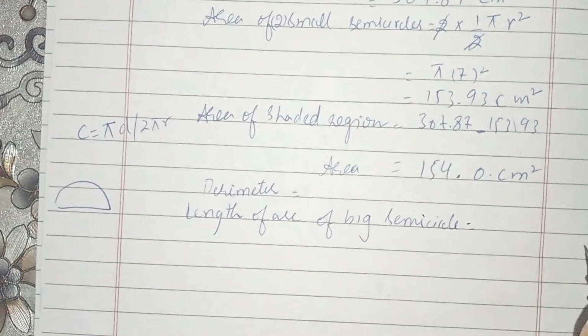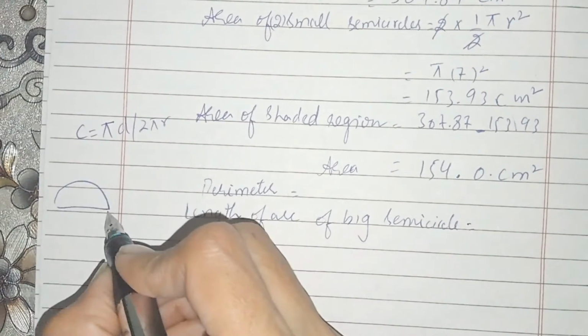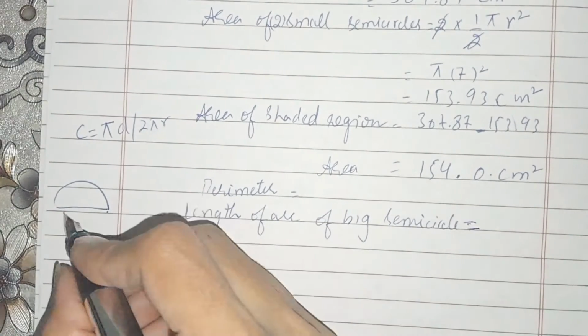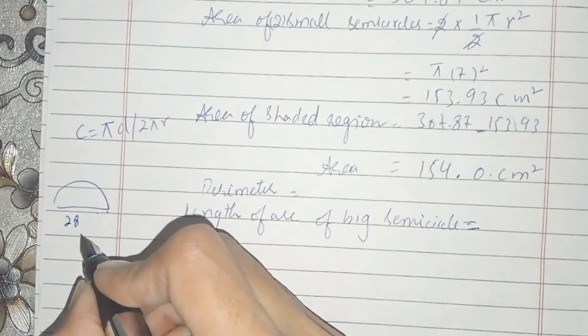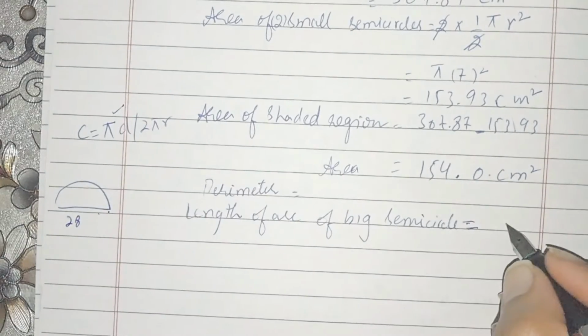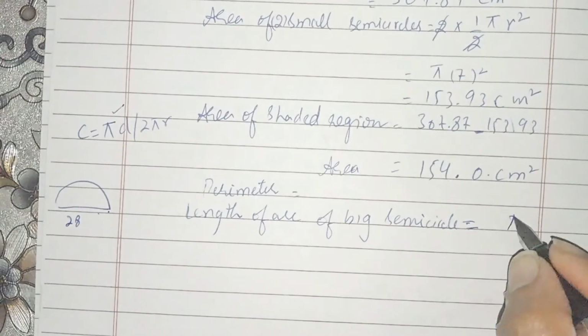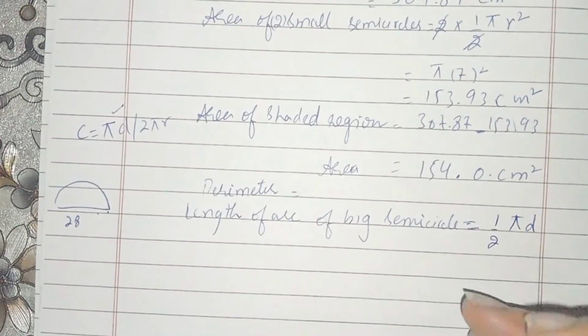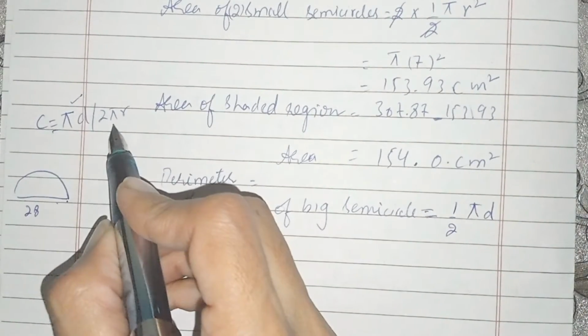The diameter is given to us, which is 28. That's why I am applying the formula pi d, and I have to divide it by 2 because it is a semicircle.